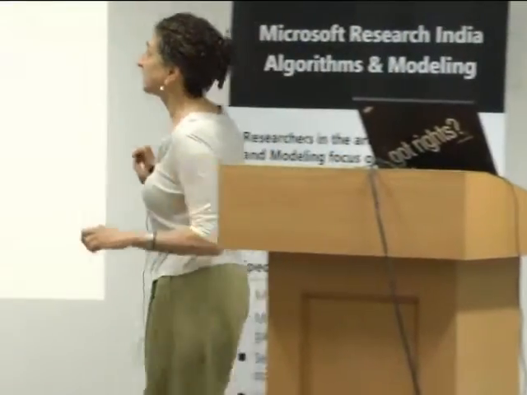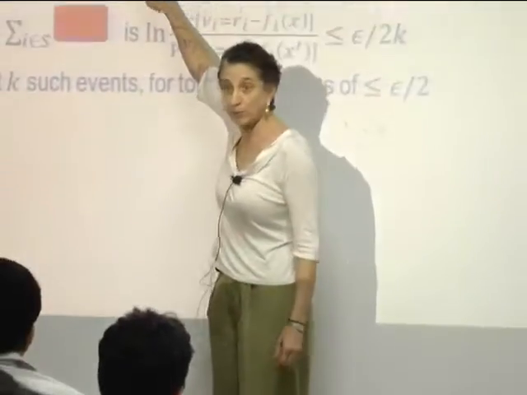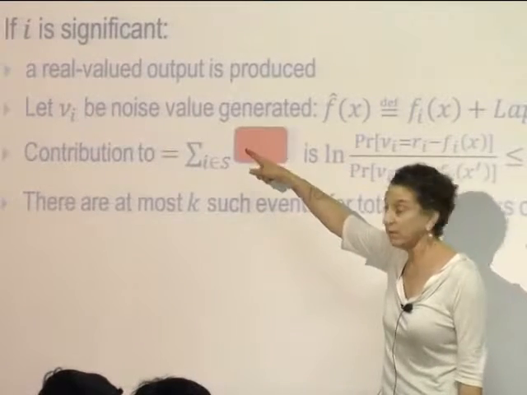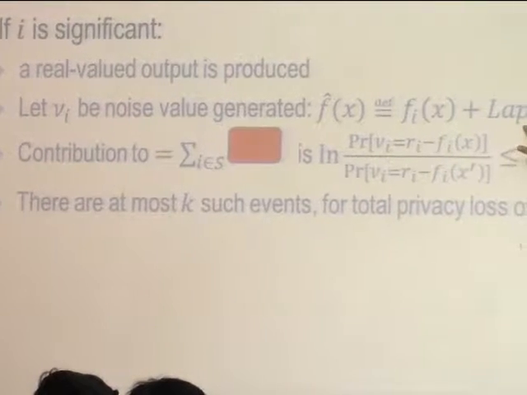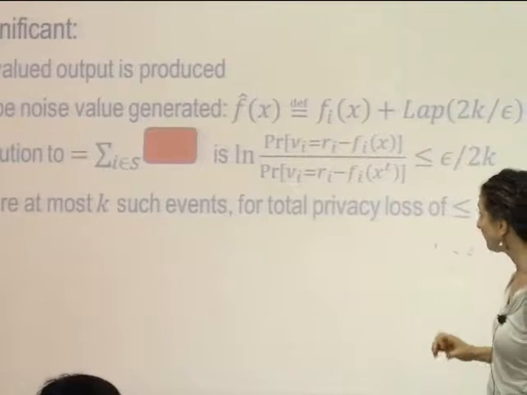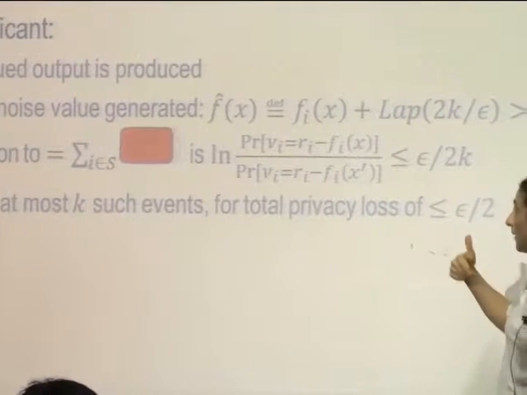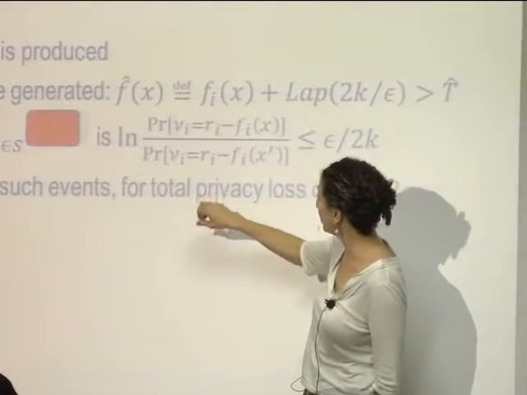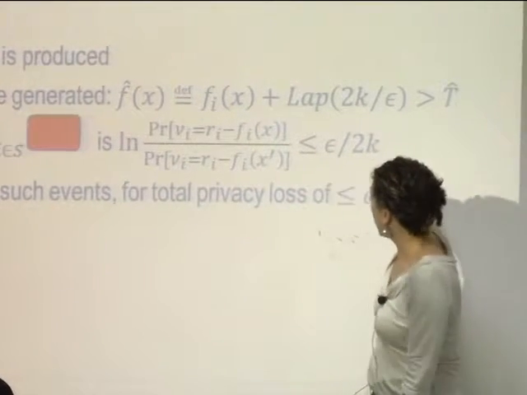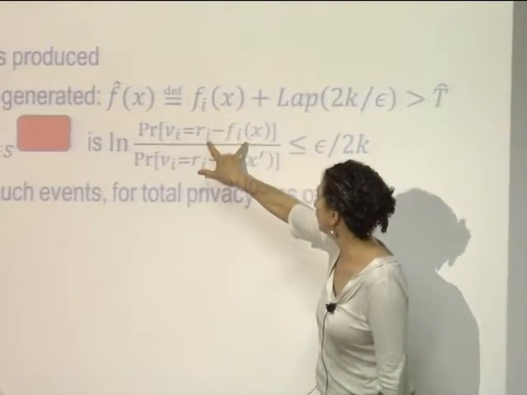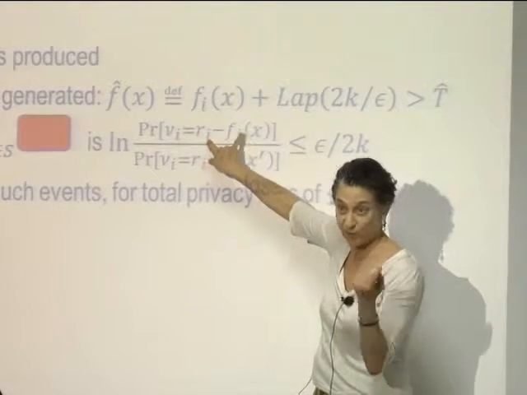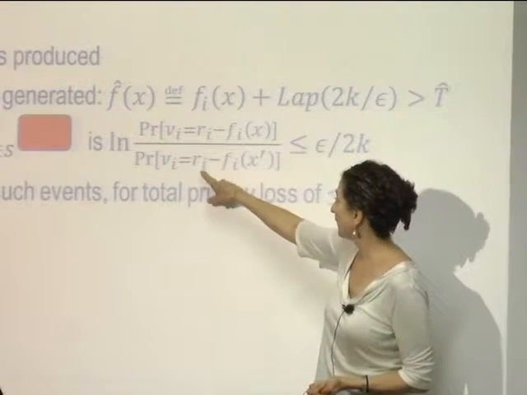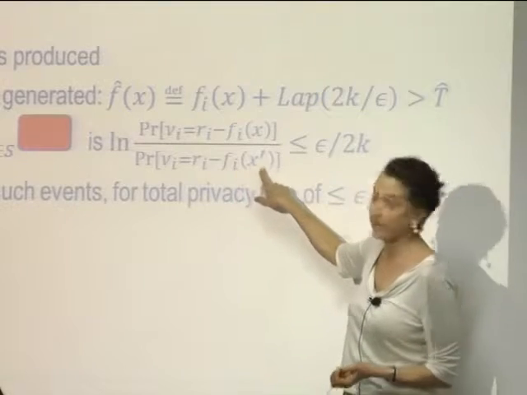If round i is significant, then a real valued output is produced, and we have the noise value that's generated in that round. That's this draw from the Laplace distribution. So the contribution that we're getting to this sum is the log of the probability that the noise is equal to Ri, this actual response that was produced, minus Fi of x, versus the probability that it's Ri minus Fi of x prime.